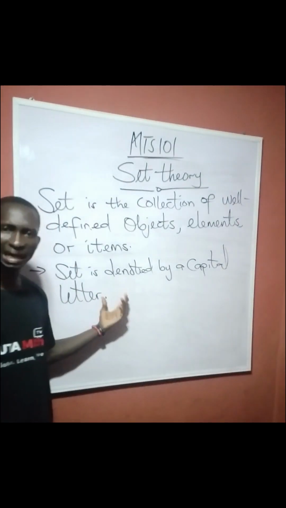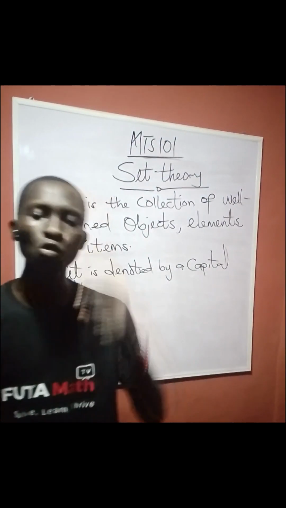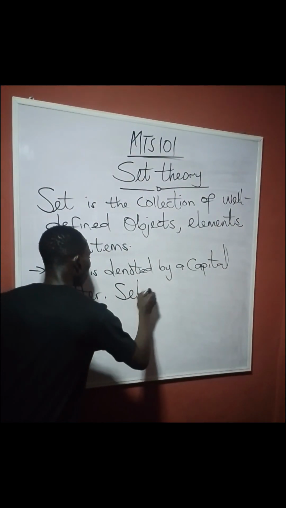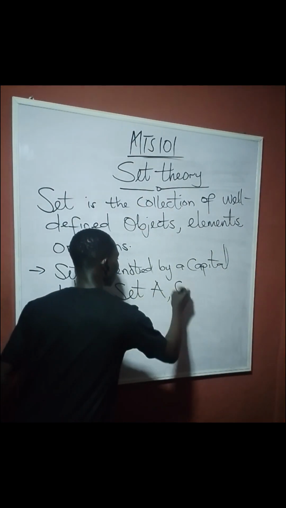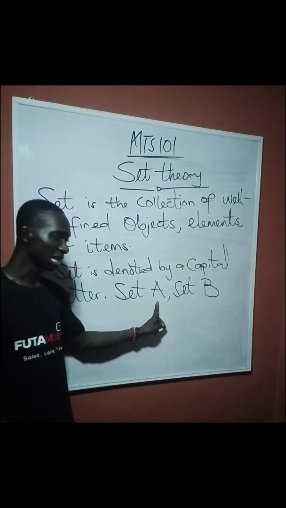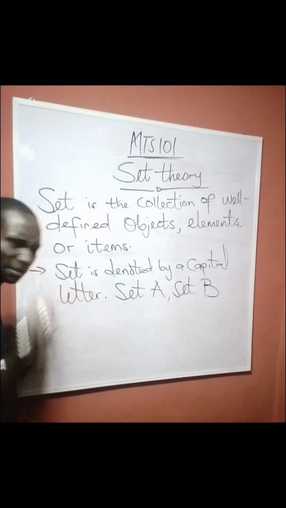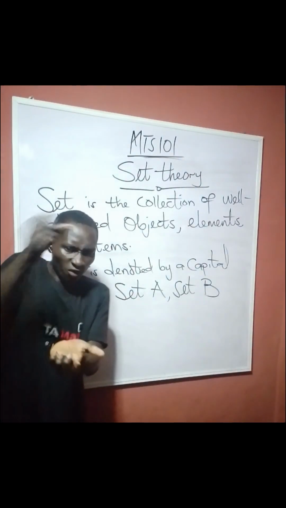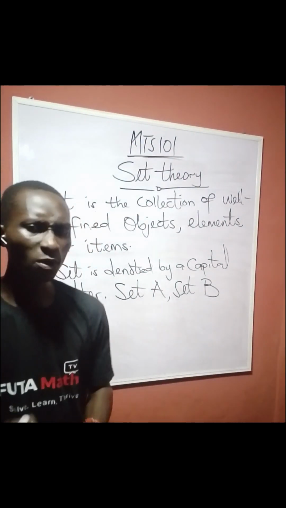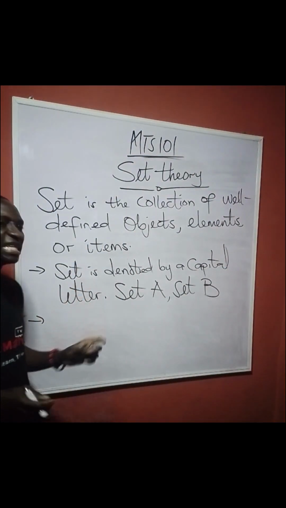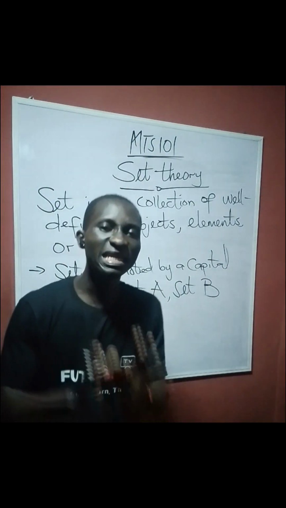That means that if you want to say set A, you are going to use a capital letter. Set A. Set B. You use a capital letter to denote a set. Another attribute of a set is that the elements contained, or let's say the items contained in a set, are called members or elements of a set.